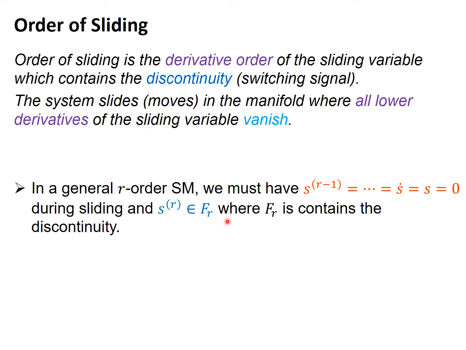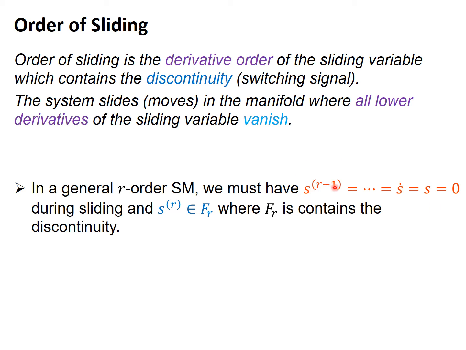This is some right hand side function where the discontinuity is present, and the sliding is taking place in the intersection of all these surfaces, where all the lower derivatives, starting from s to the power of 0 to the derivative of order r minus 1, will be 0.